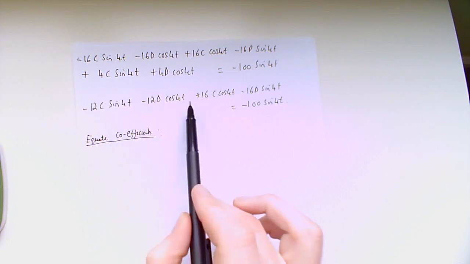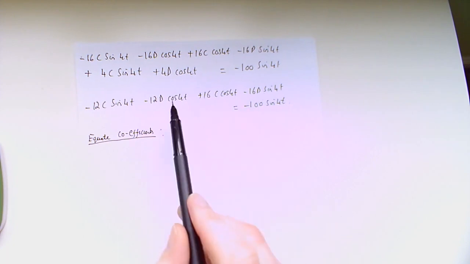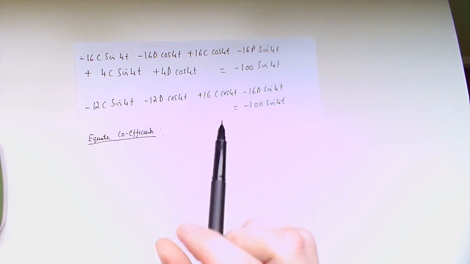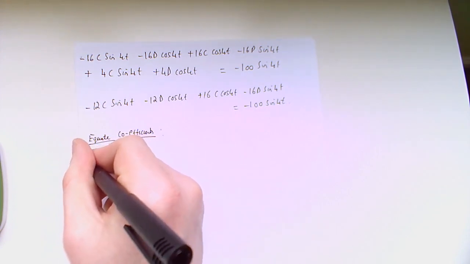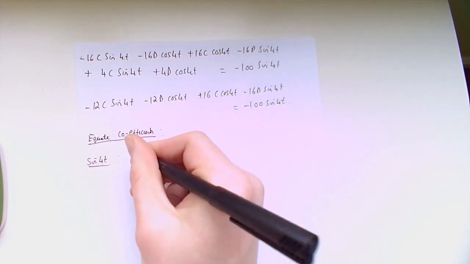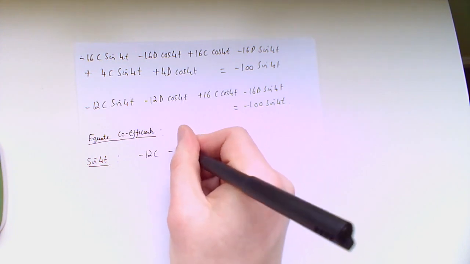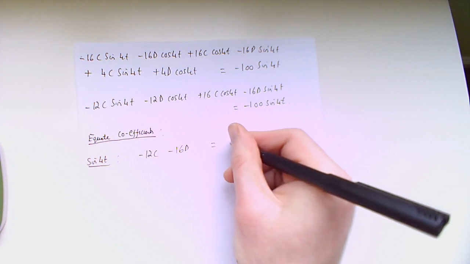Your coefficients are c and d, and your functions are sin 4t and cos 4t. Those are the two functions we're going to equate on each side. So in front of sin 4t, on the left hand side I get negative 12c take away 16d, and on the right hand side I've got negative 100.